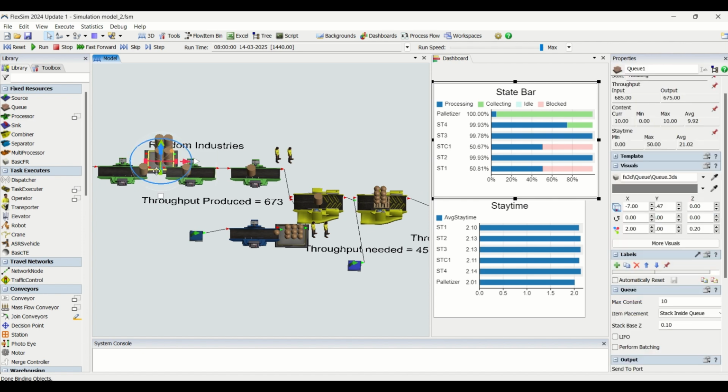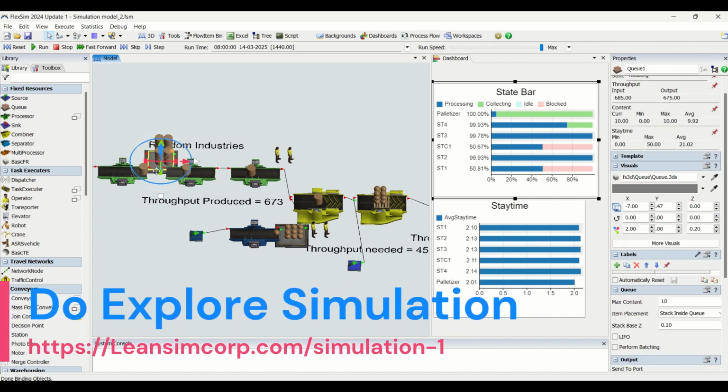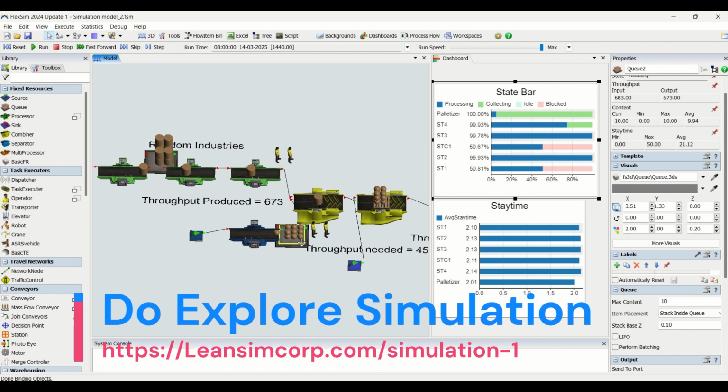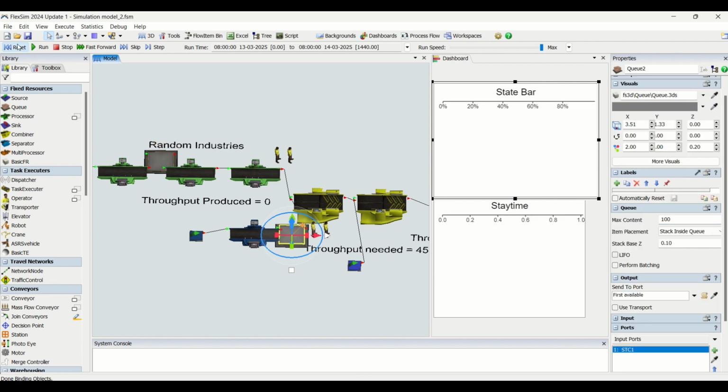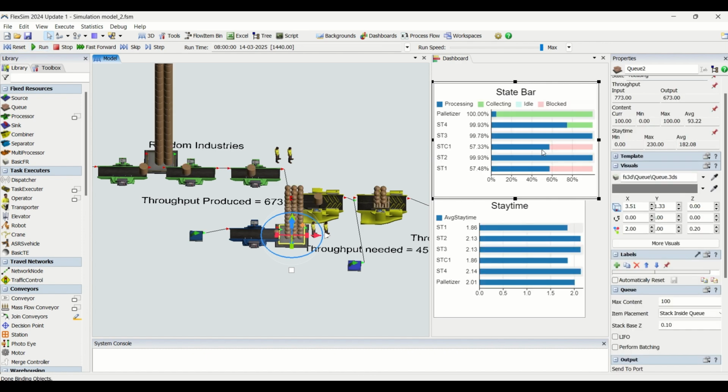So putting a buffer, okay, is not majorly impacting our throughput. So for example, if I just make this 100, and if I make this 100, and if I just reset this and run this, what you're going to get is just a 7% improvement in the utilization, but it's not advisable to have this much WIP as it is going to increase our inventory cost.